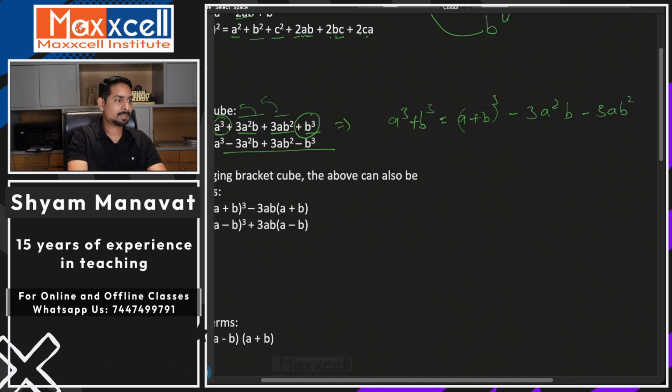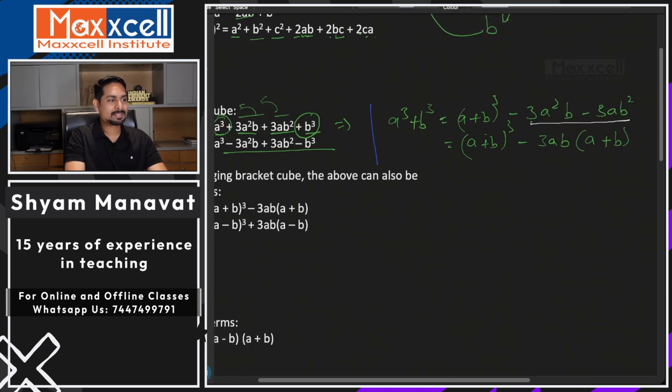Now here if you take minus 3 common, because in both terms you have 3, and a, which is again there in both terms, and b, which is there in both terms, so what will remain? a plus b, isn't it?